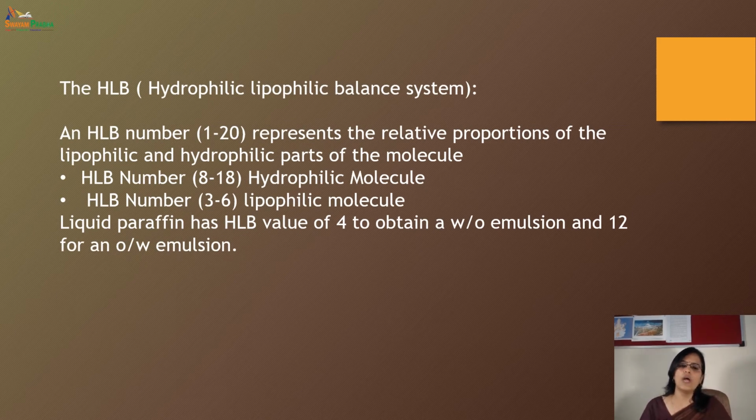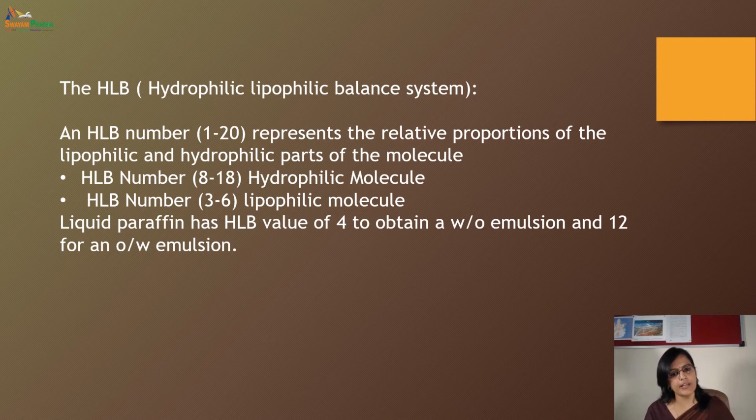Now the HLB, the hydrophilic lipophilic balance system, has HLB numbers from 1 to 20. It represents the relative proportions of the lipophilic and hydrophilic parts of molecules. HLB number from 8 to 18 is for hydrophilic molecules, and HLB number from 3 to 6 is for lipophilic molecules.